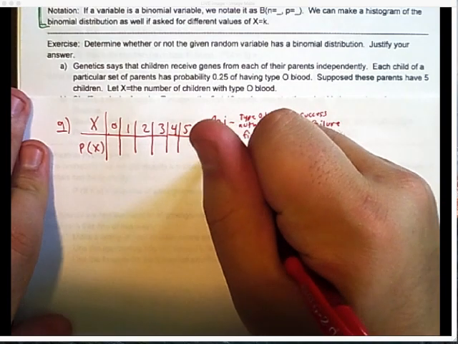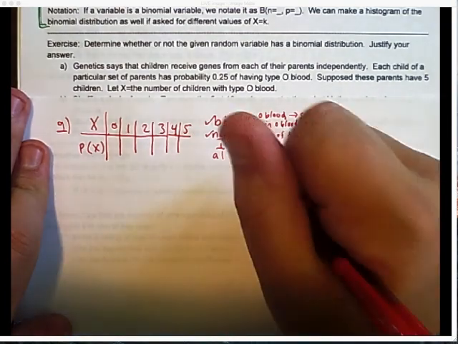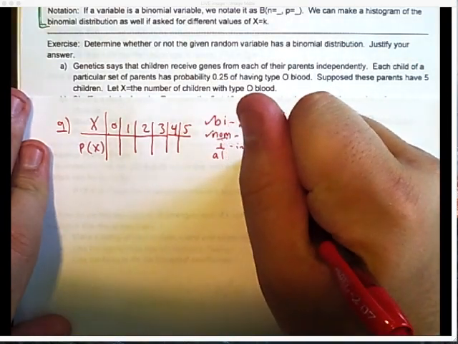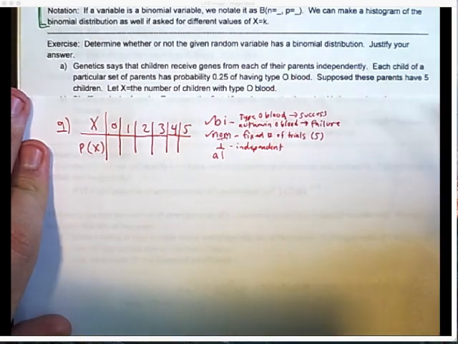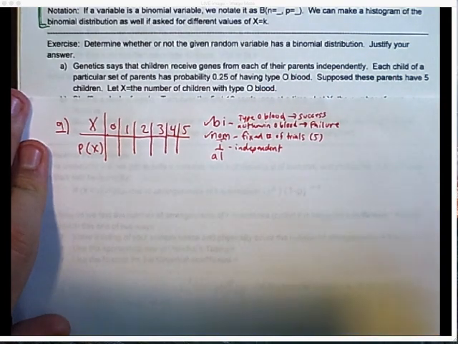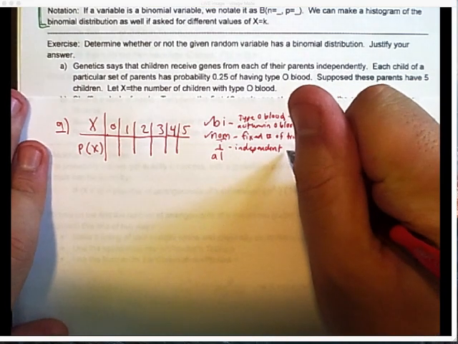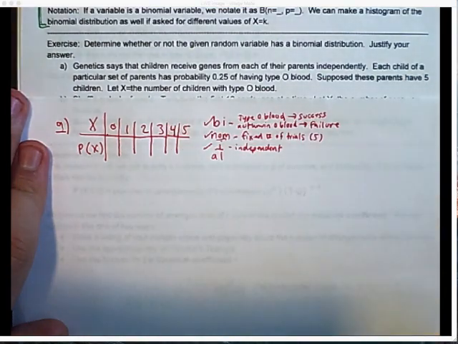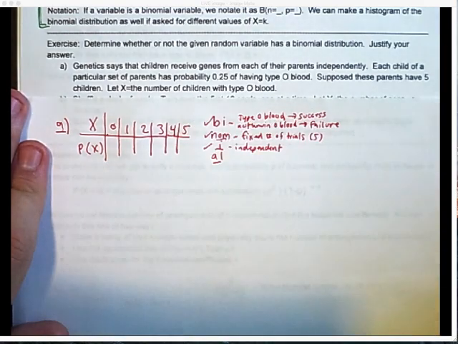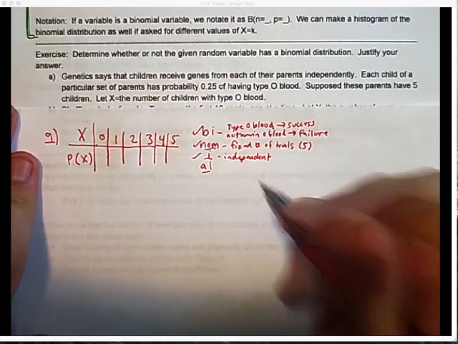Is the I condition met? That means independent. Is each child's blood type independent of the other child's blood type? Yes, they are, so we meet that condition. And what does the last condition mean? All children have the same probability of type O blood.